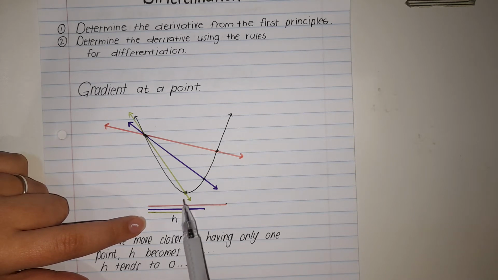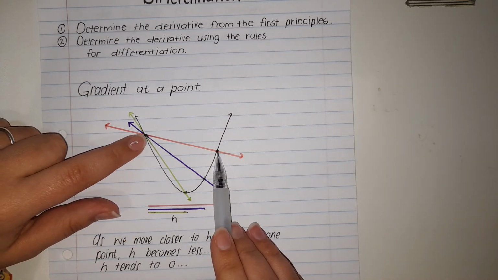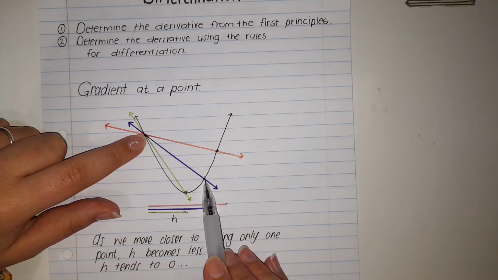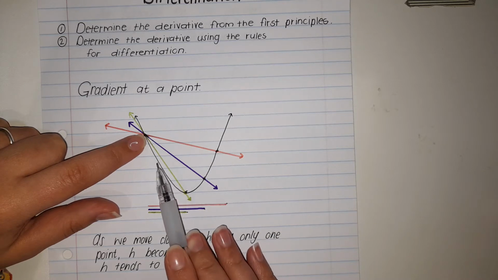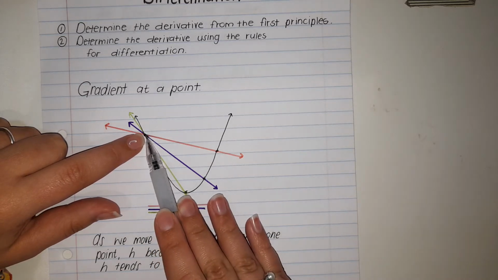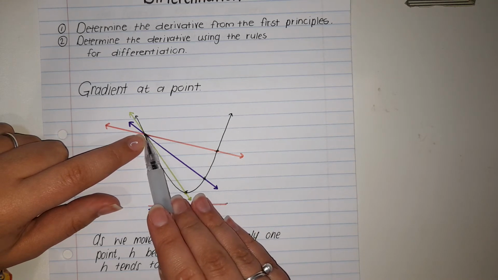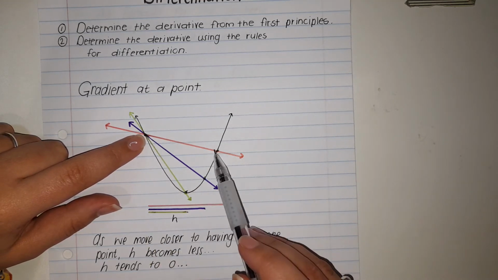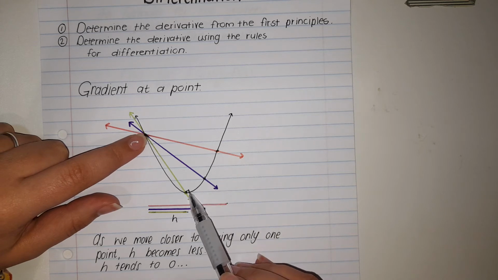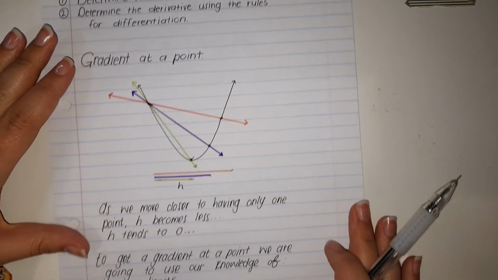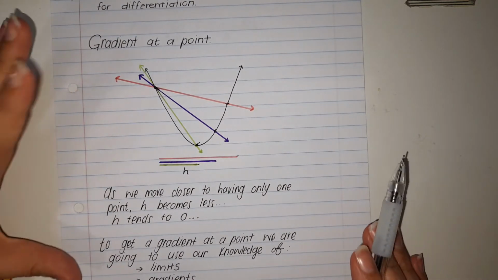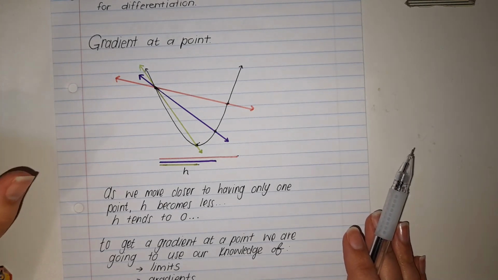H is going closer and closer to 0. Here the distance was, let's say, 5, 4, 3, then 2, and then it becomes 0. Where these two points meet, it becomes one point, and the distance between them is 0.